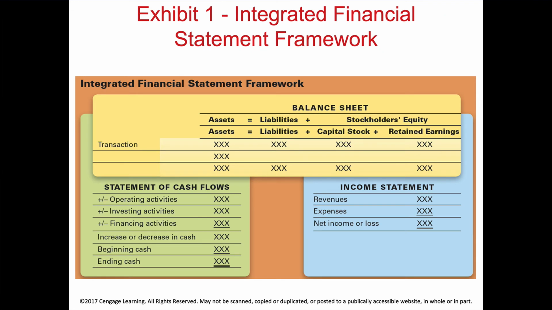So this is the framework that we use to both record transactions and generate financial statements out of them. Okay? So what happens is, if you look over here, a transaction occurs and it is recorded in such a way that the assets always equal the liabilities plus the equity.